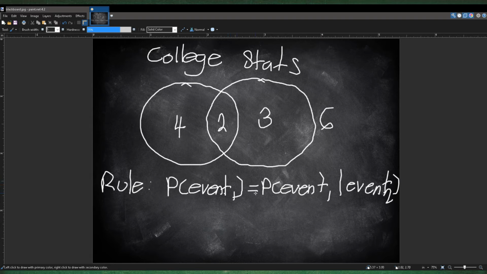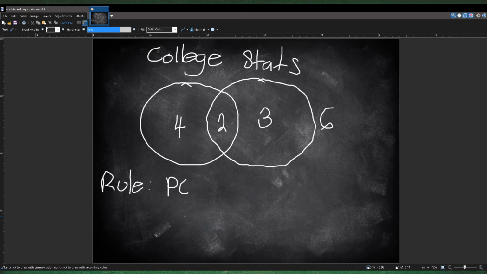If they're equal, then it's independent. So if the probability of college is equal to the probability of college given that you're in stats, then it's saying that college and stats are independent of each other. If you take college, it doesn't mean that you have a higher chance of taking stats. So one does not affect the probability of another.